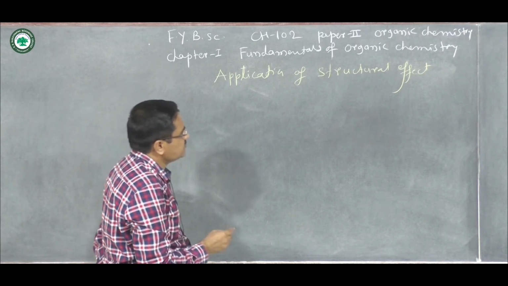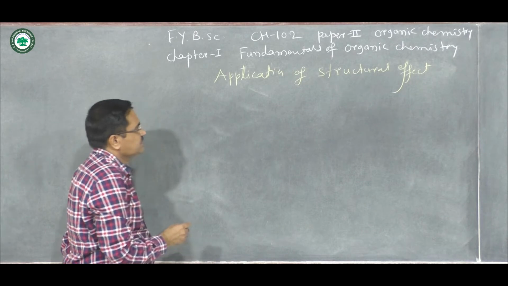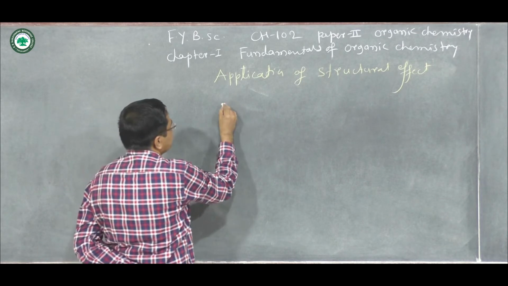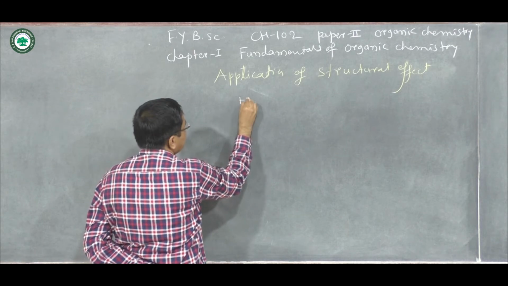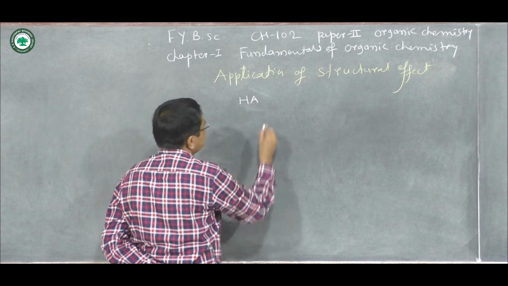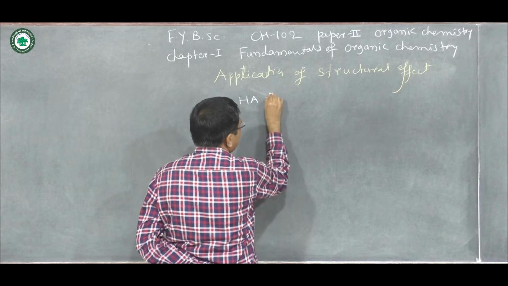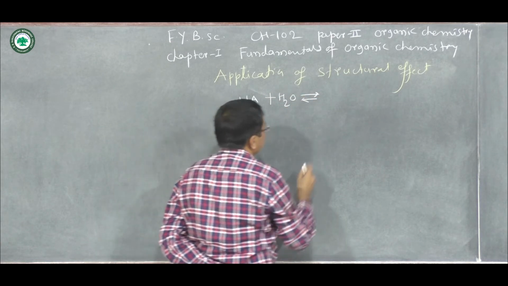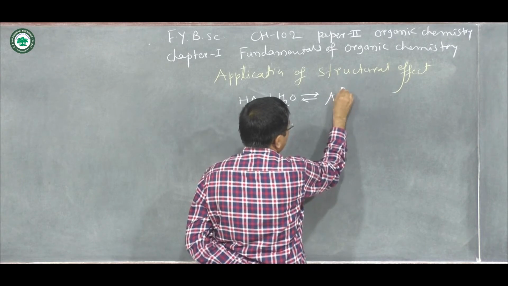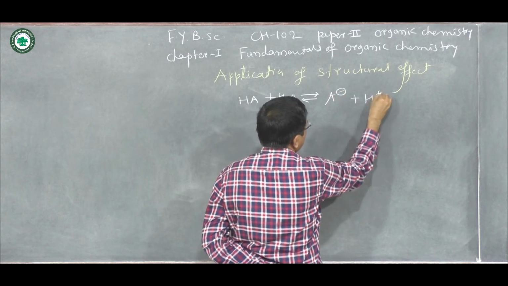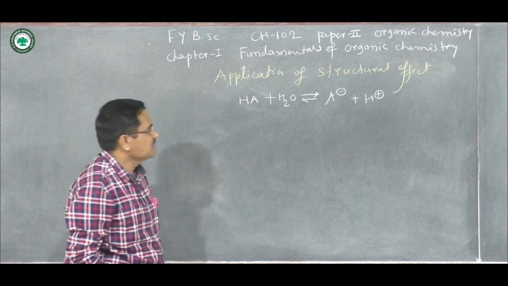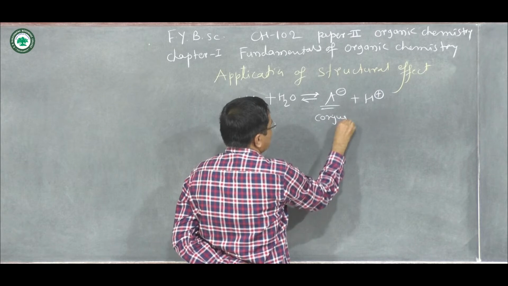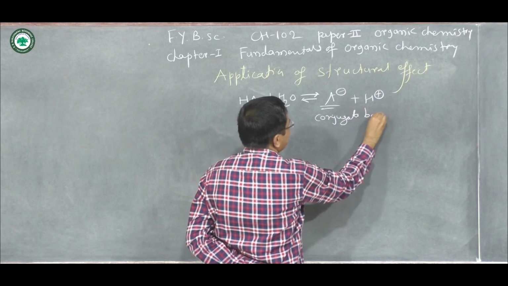Now we consider here strength of acid means what? Strength of acid is that, suppose here HA, this is the acid, when dissolved in water or any solvent, it gives A minus and H plus, and this is called as conjugate base.